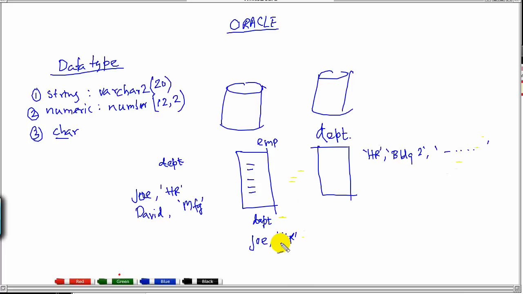Now the problem with storing the data like this is, as you see, we are storing the name HR here in the EMP table, and let's say tomorrow your department name changes from HR to the full name, human resources.